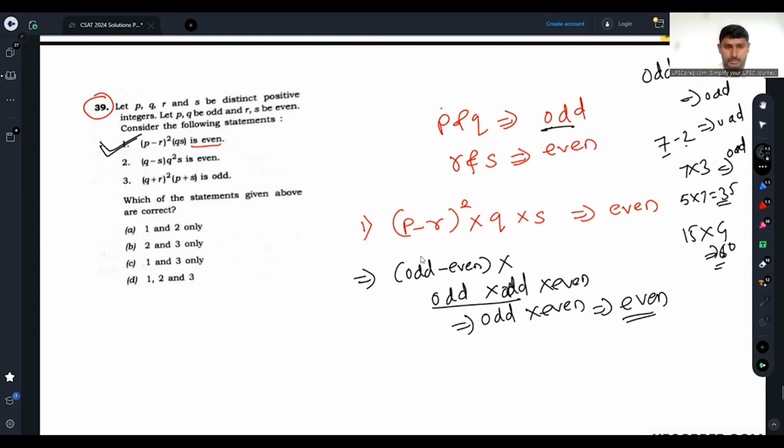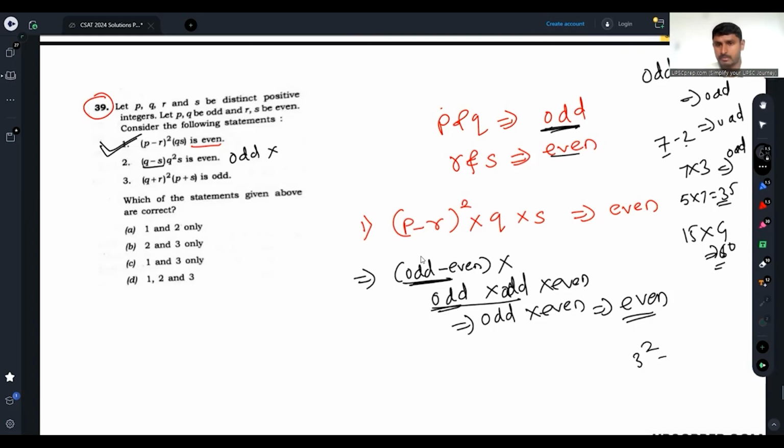Now come to statement 2. Statement 2 is saying (q minus s) square into s, okay, I will just write it here. q minus s, what will happen? This is odd minus even. तो हमने ऑलरेडी कर लिया odd minus even. तो odd minus even क्या आता है? Odd आता है, right? So I am just writing odd, q का स्क्वायर, यानी कि odd का स्क्वायर.